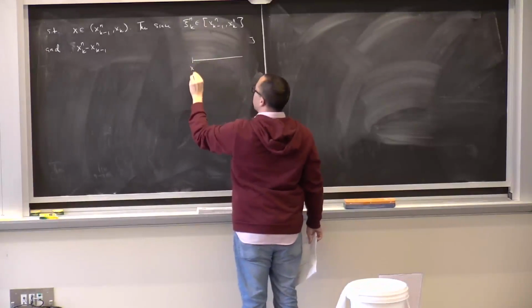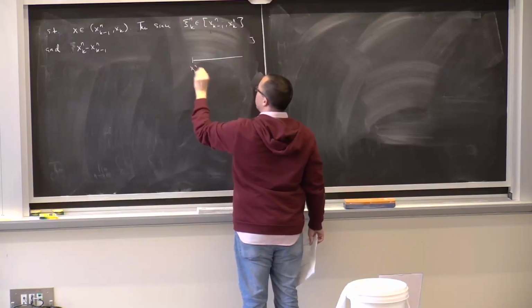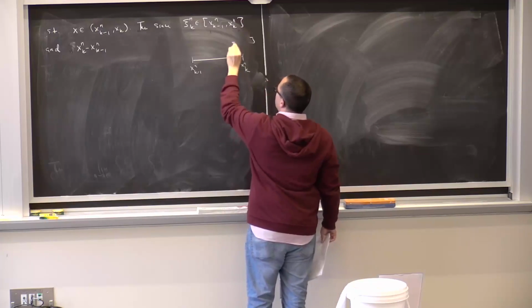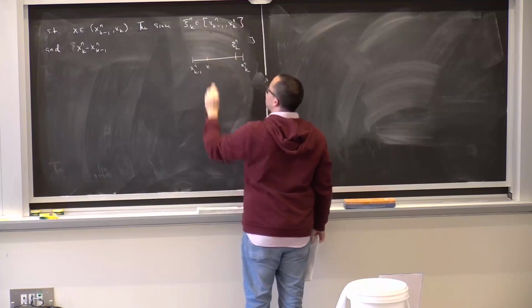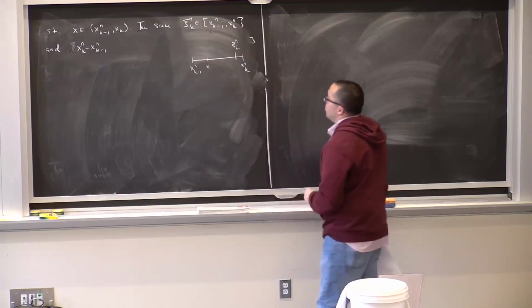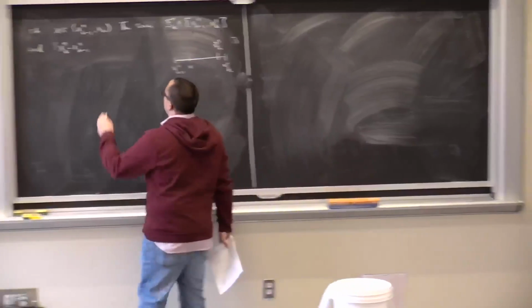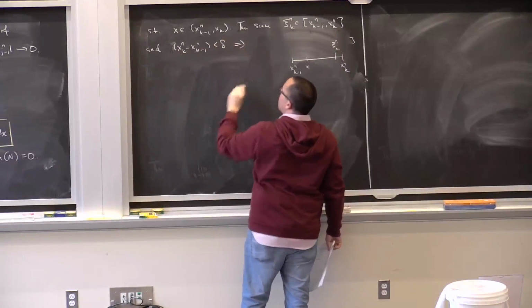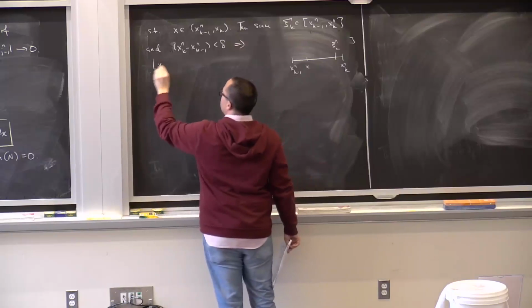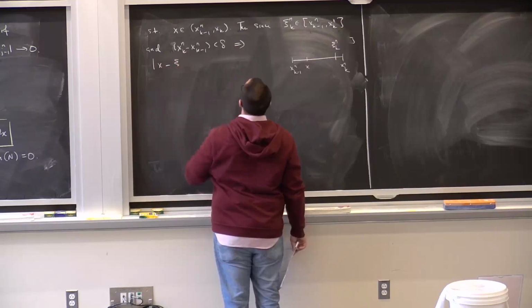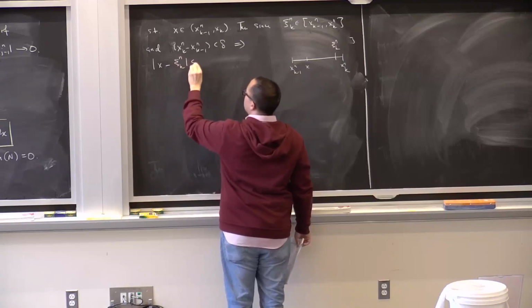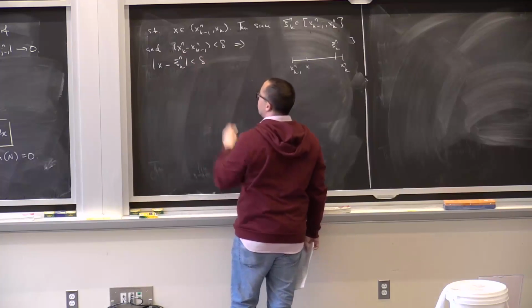Here's x_{k-1}^n, x_k^n, c_k^n is somewhere in there, x is somewhere in there, okay? And since this quantity here is less than delta, this implies that |x - c_k^n| must be less than delta.